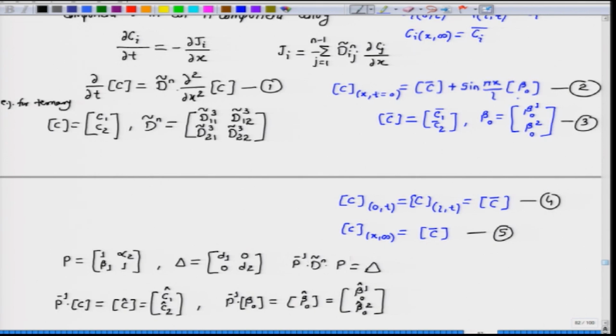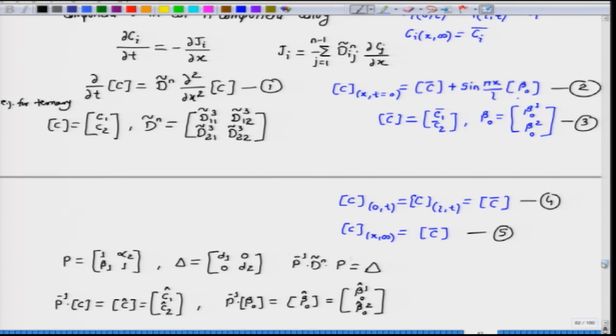Now we smartly insert the identity matrix P times P inverse in between, right. So we have P inverse times D tilde times P, and the P inverse times C gives the matrix C cap. Since we are assuming constant interdiffusion coefficients, we can take the matrix P inside the derivative.